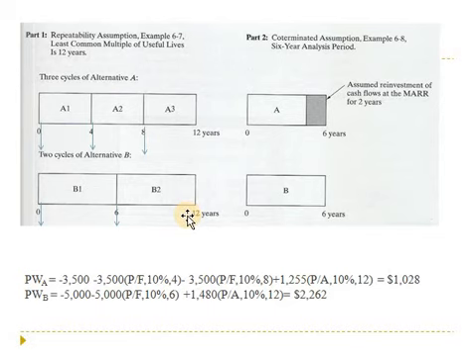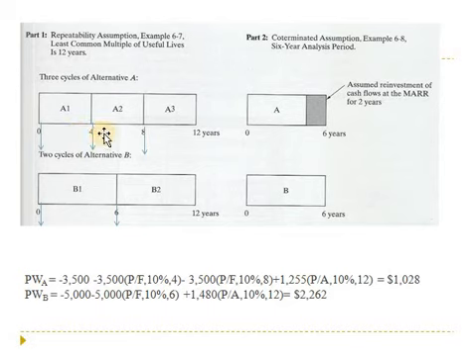So with the repeatability assumption, I'm going to repeat the investment and everything included within the first life of the alternative, and I'm going to get the present worth. What will be the present worth of A? In this new cash flow diagram, I have an initial investment at year 0 of 3,500, so at year 0 it is minus 3,500.